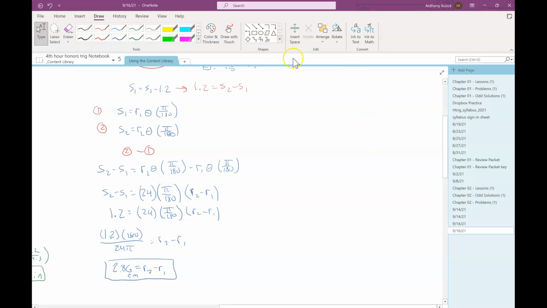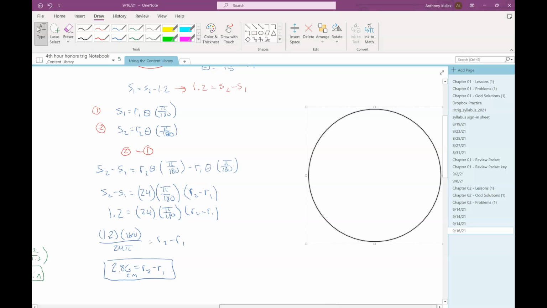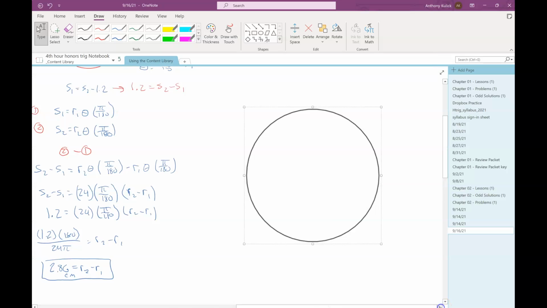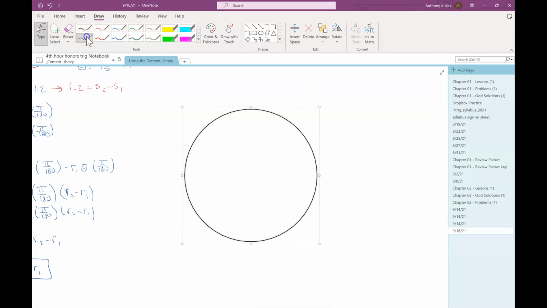So let's just say we have our circle, right? And we have our theta here.